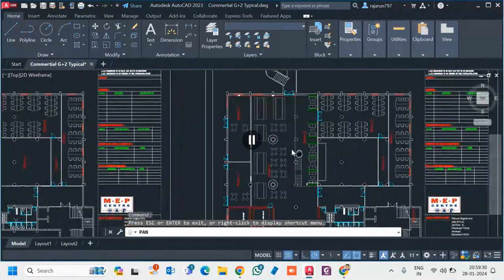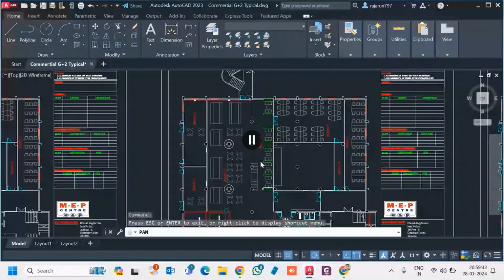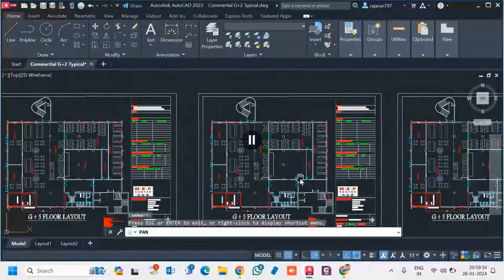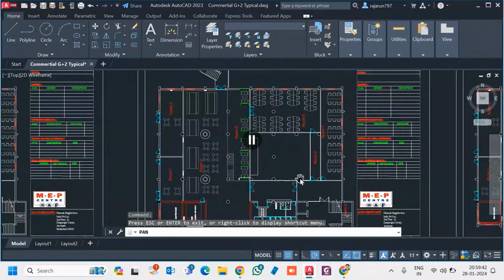So in this you have room 1, room 2, room 3, room 4, room 5. Zoom a little near the mouse. Okay, room 6 is non-AC and the remaining rooms you need to make air conditioned. To make them air conditioned, you need to do the calculations first.